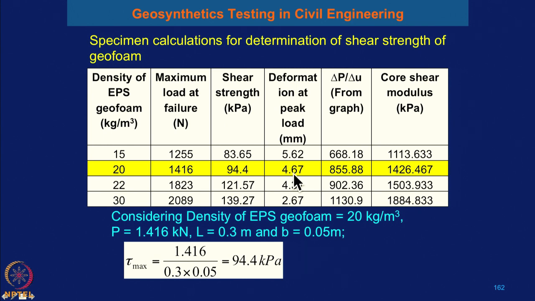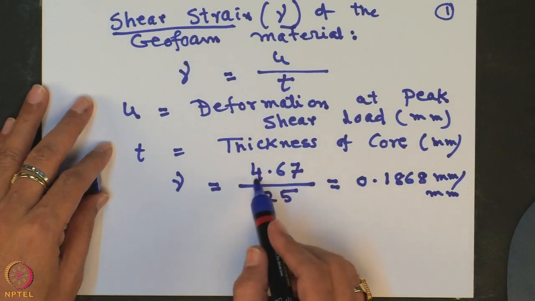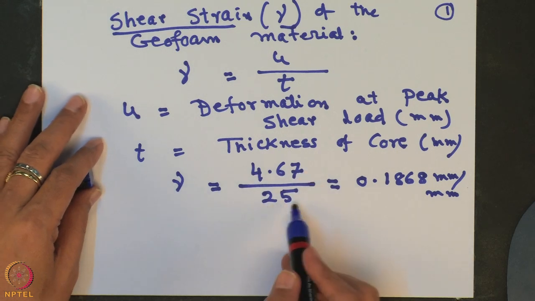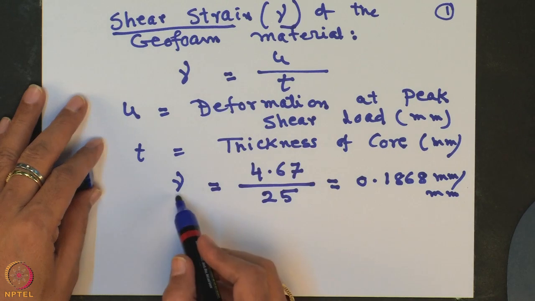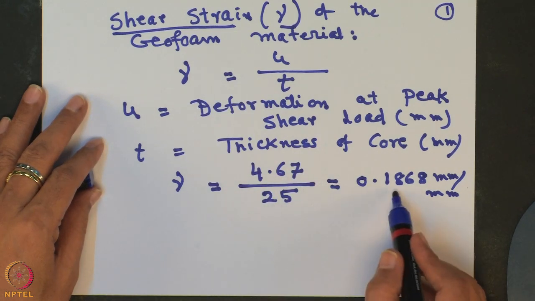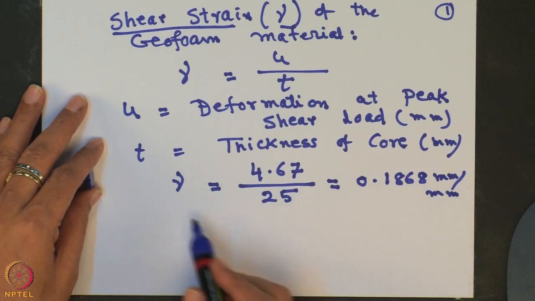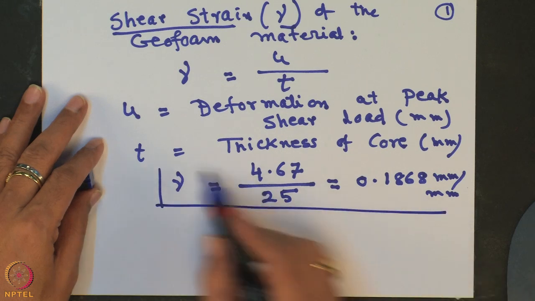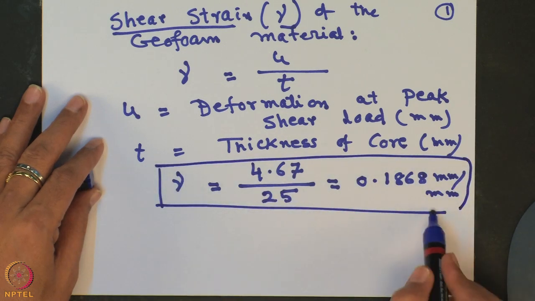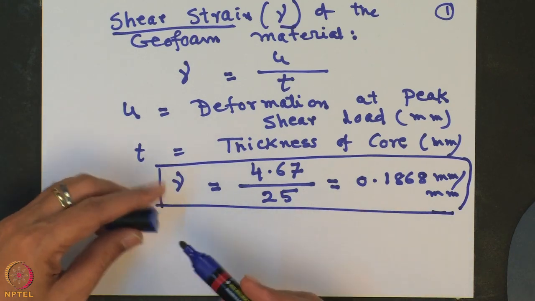So, you have calculated deformation at peak load as 4.67, and T, the thickness of core, is 25, and that is why the shear strain value is 4.67 by 25, which is equal to 0.1868 millimeter per millimeter. So, you know how to calculate the shear strain of the EPS geofoam material.